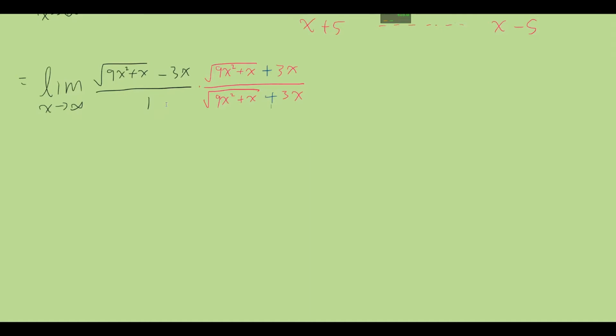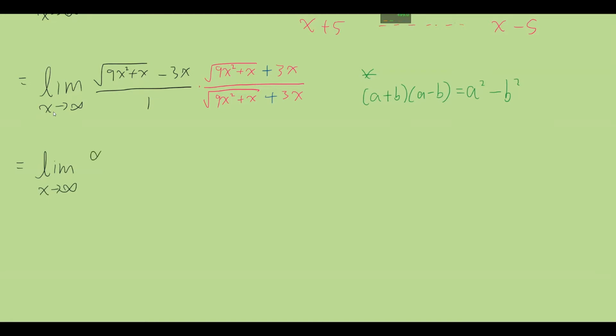All right, and let's see what happens when we multiply. Another commonly used formula here is if we have conjugates multiplying to each other, a plus b times a minus b, that's equal to a squared minus b squared, right? So that's what we're going to have in the numerator, because we're actually multiplying conjugates together. So I have a squared, which is the square root of 9x squared plus x, squared.